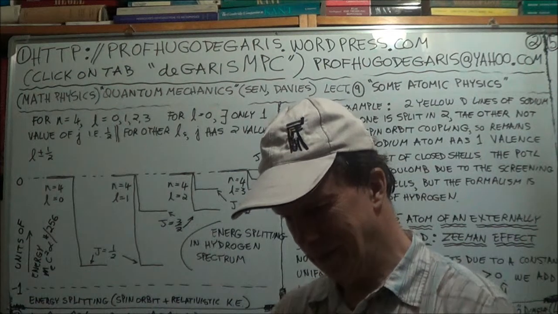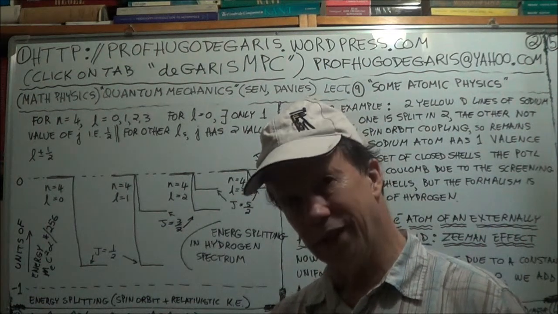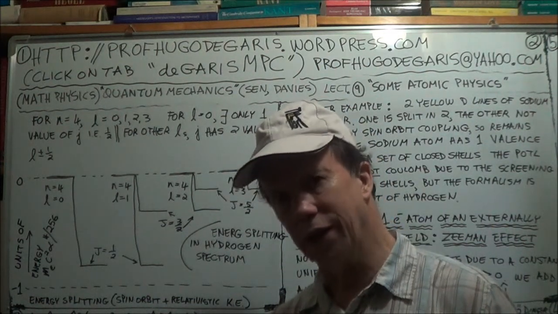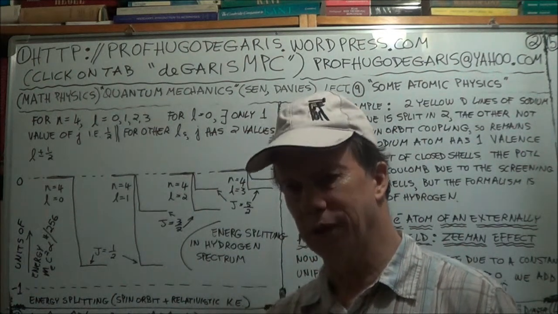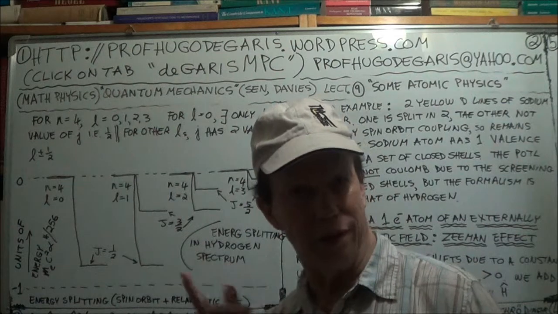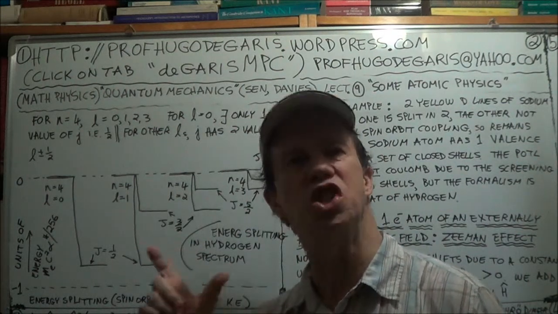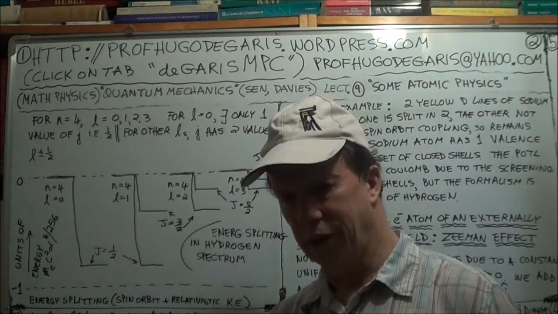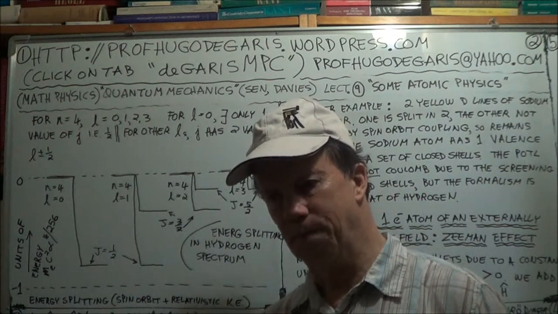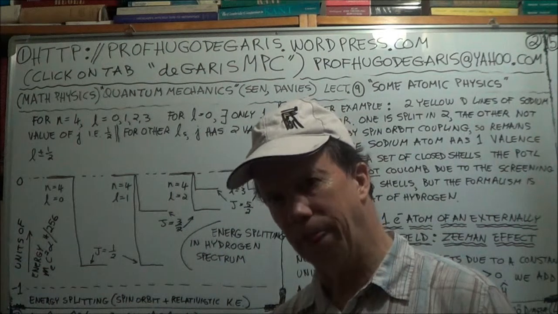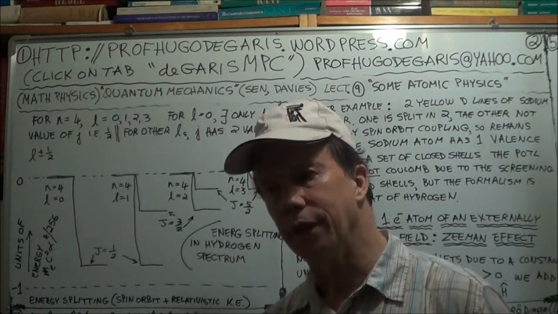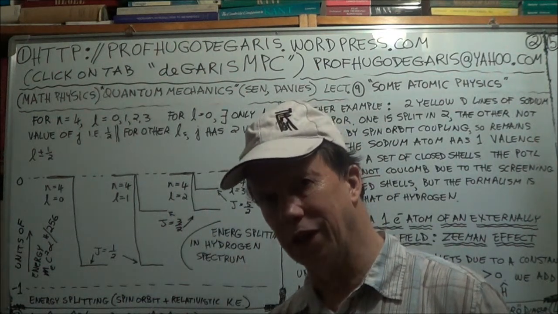Now, in the previous session, we derived a formula, an expression, for the energy shift, the perturbation if you like, the small change in the energy eigenvalues for the spin coupling combined with the relativistic kinetic energy.